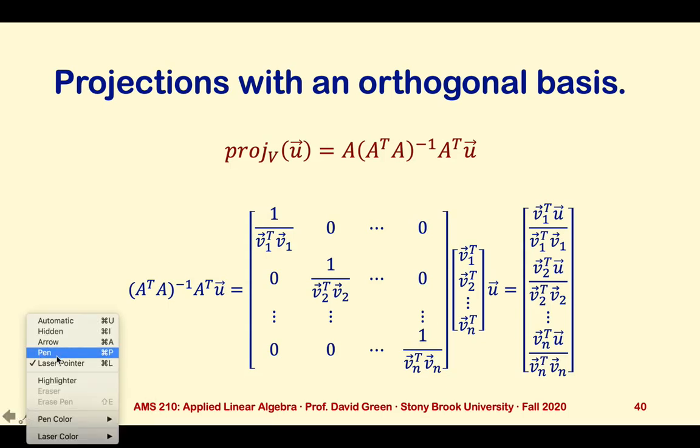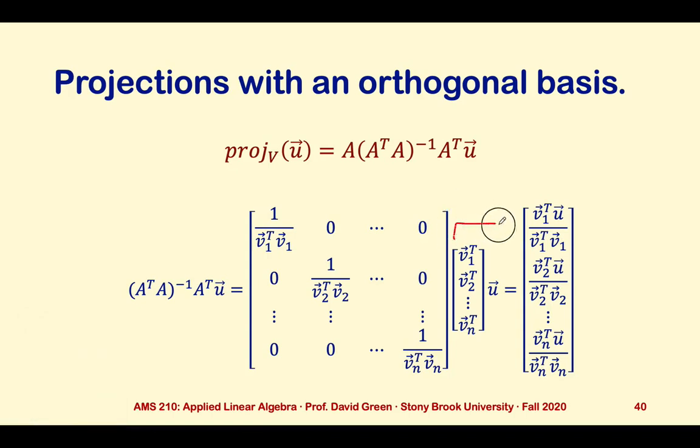This small product here, this first pair, A transpose U, what would this give us? We would walk along a row and down a column, along a row and down a column. This would give us a matrix that simply takes the dot product of each row of V with U.